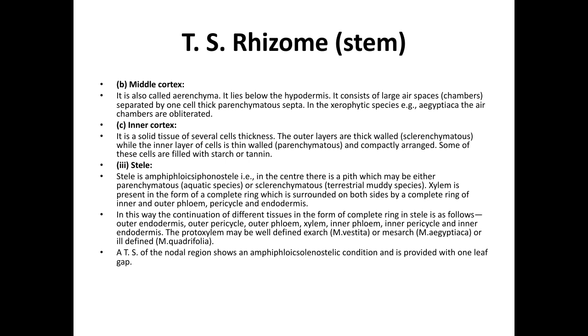So xylem is sandwiched within two patches of phloem, and such type of stele is generally known as amphiphloic siphonostele. From both sides of xylem, two layers of phloem are present.